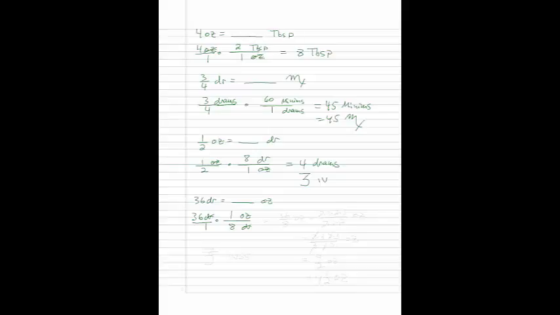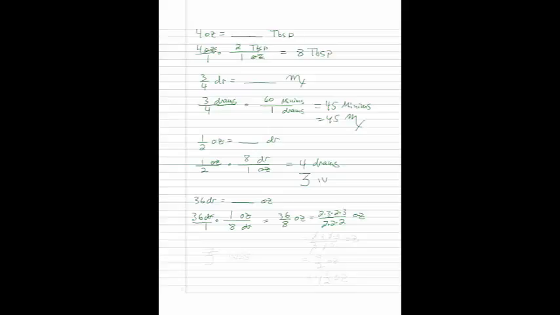So you'll notice that drams cancels, and we get 36 over 8 ounces. This might be a good opportunity to review how to reduce fractions. 8 is 2 times 2 times 2. 36 is 6 times 6, or 2 times 3 times 2 times 3.